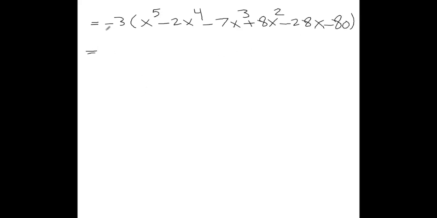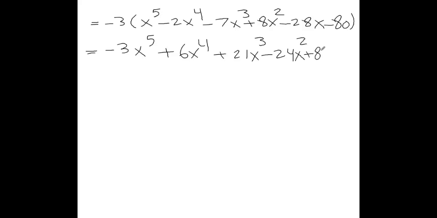And if I multiply by negative 3, you get negative 3x to the power of 5 plus 6x to the power of 4 plus 21x to the power of 3 minus 24x to the power of 2 plus 84x plus 240. So this is my polynomial.